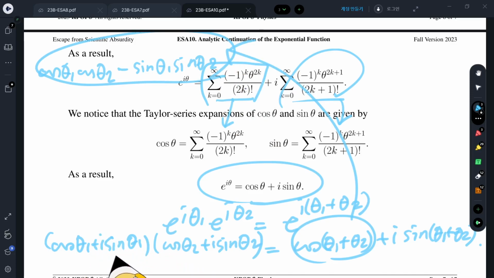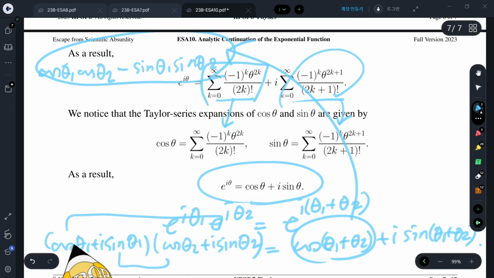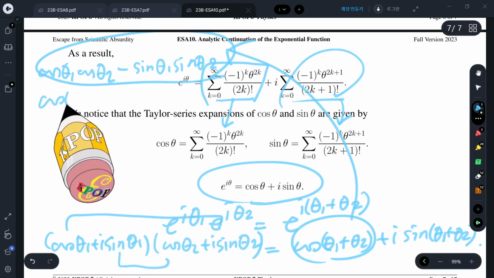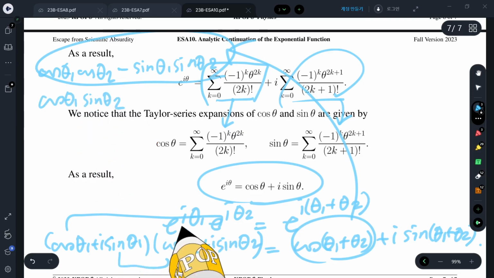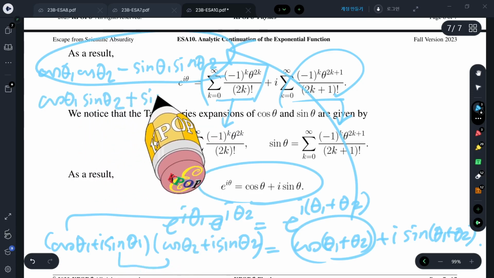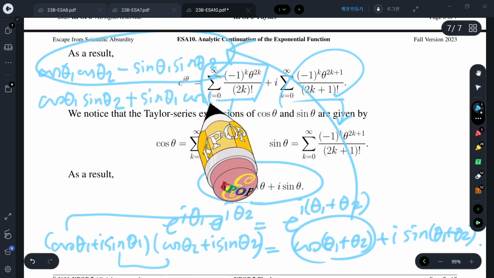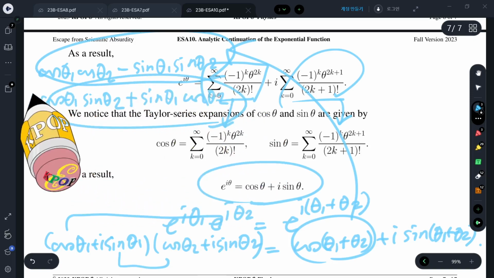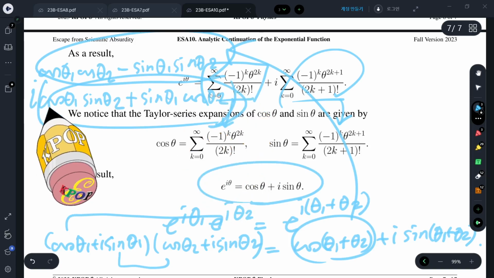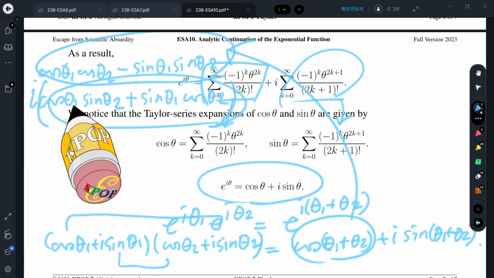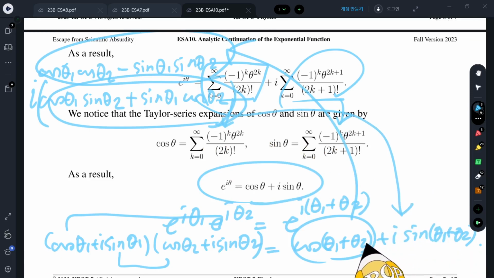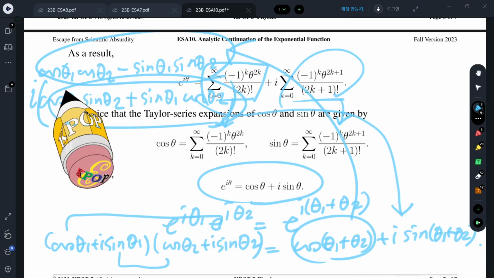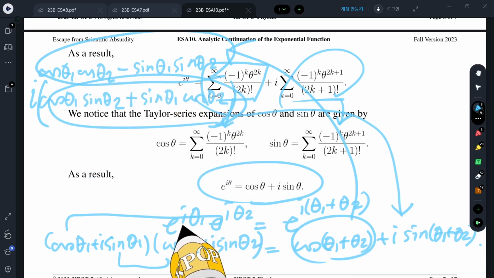We have a single i: cosine theta 1 sine theta 2 plus sine theta 1 cosine theta 2. This is multiplied by a single i, therefore it is identified like that. So addition formula for the sine functions and cosine functions are completely obtained using this technique.